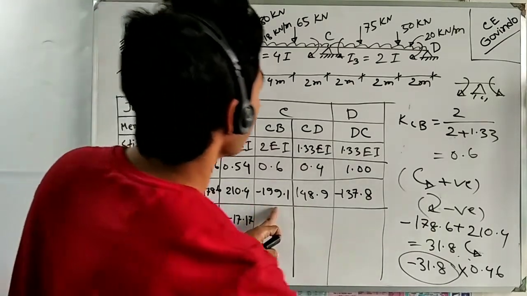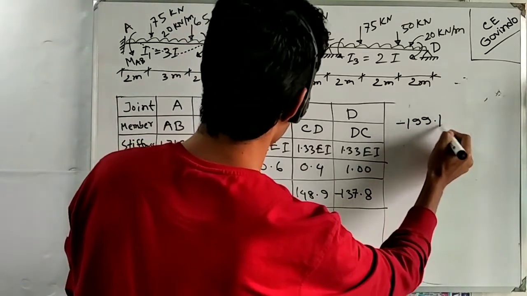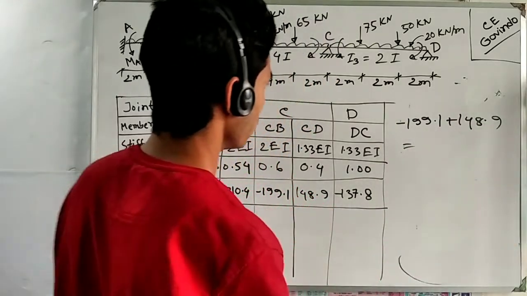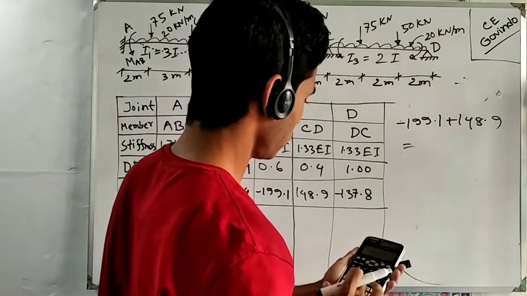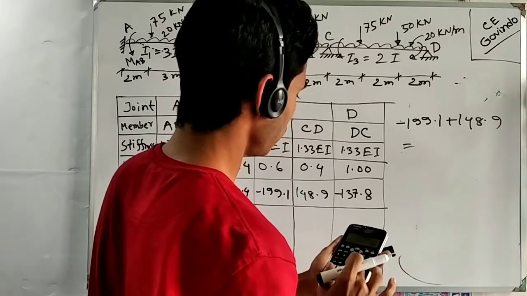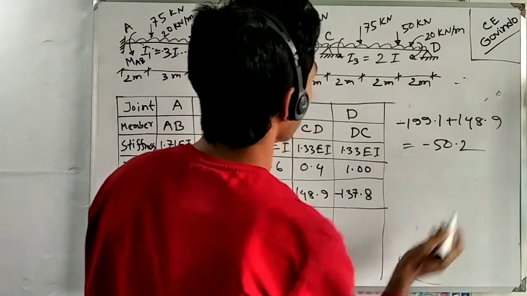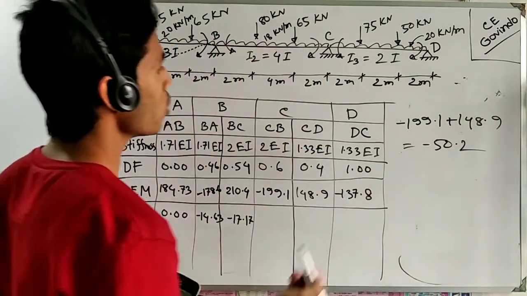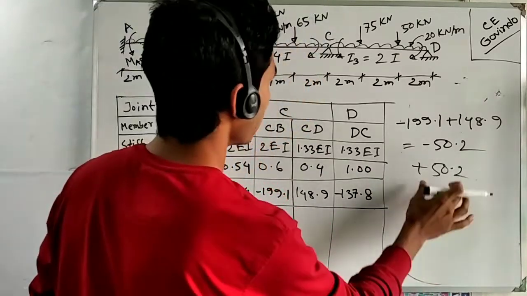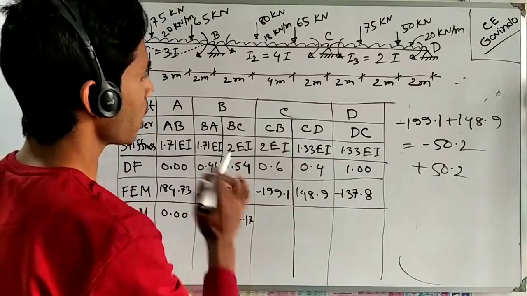Here we have unbalanced moment. If we sum this moment algebraically, 199.1 plus 148.9, it will give us minus 50.2. That is, we have minus 50.2 moment, so we need to apply plus 50.2 to balance it, and this plus 50.2 moment will be distributed between these two members, CV and CD.